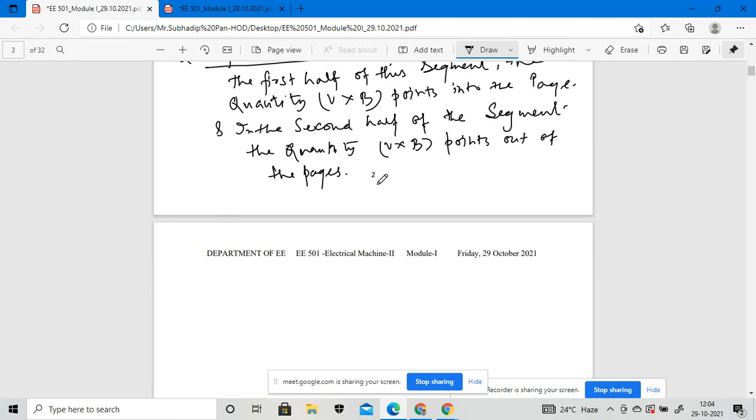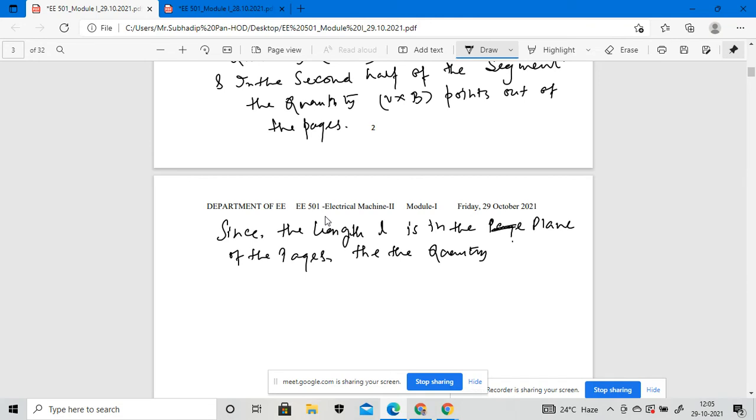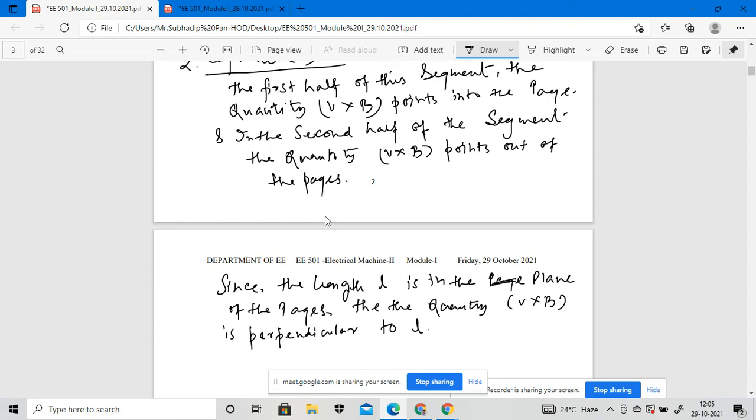Since the length L, which is the length of the wire, is in the plane of the pages, the quantity v into B is perpendicular to L, obviously, for both portions, meaning for the first segment and for the second segment.